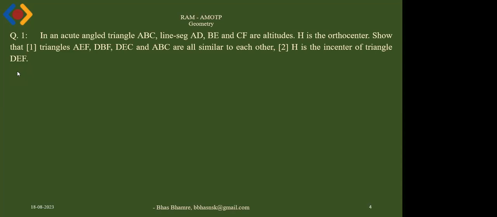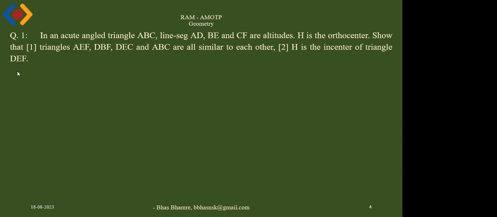And then we need to show that H is the incenter of triangle DEF. Okay, so we need to draw the figure first of all. It is an acute angle triangle and AD, BE, CF are altitudes. The point of concurrence of altitudes is known as the orthocenter.